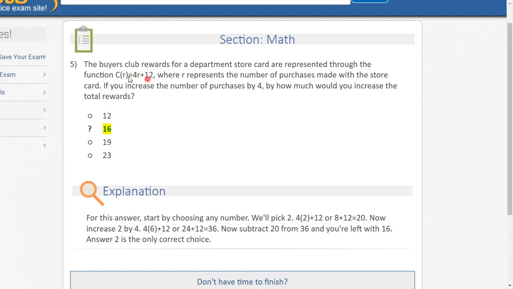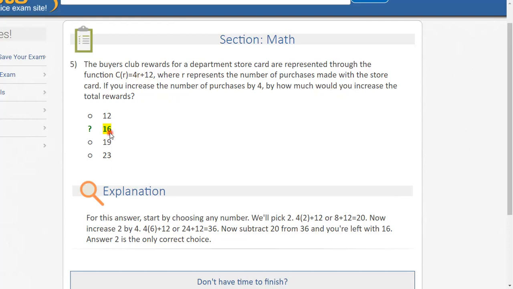They are not asking you to calculate it. They are asking for the increase. How much increase? What I mean to say is that if you are replacing r, you will get 16 plus 12. So 16 plus 12 is 28. And how much has it increased?